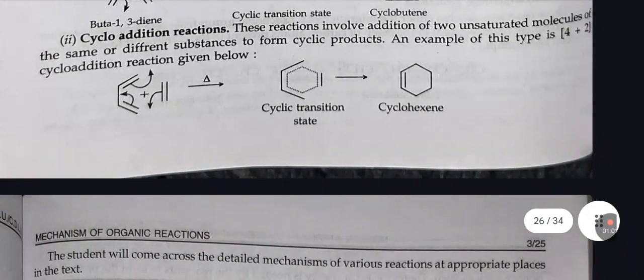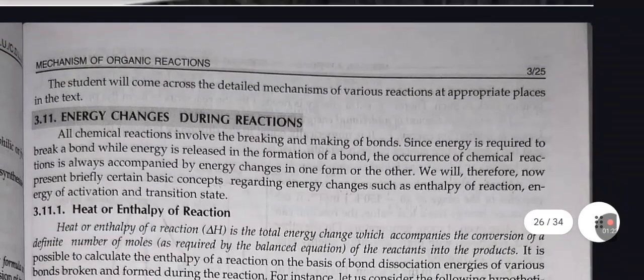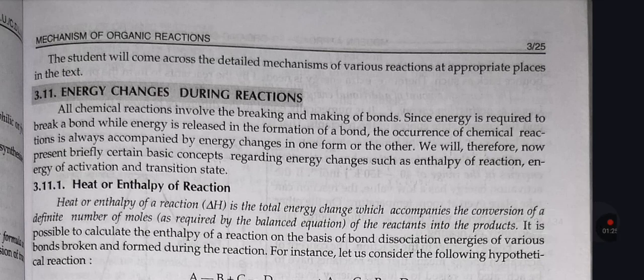These reactions involve addition of two unsaturated molecules of the same or different substances to form cyclic products, and an example of this type is the 4 plus 2 cycloaddition reaction given below. The student will come across the detailed mechanism of various reactions at appropriate places in the text.